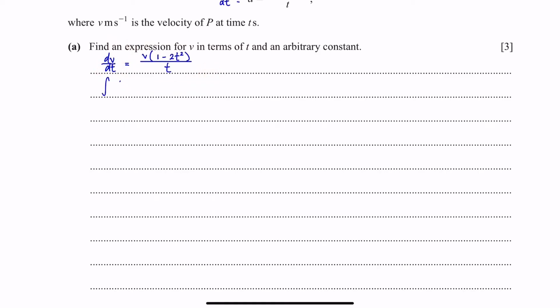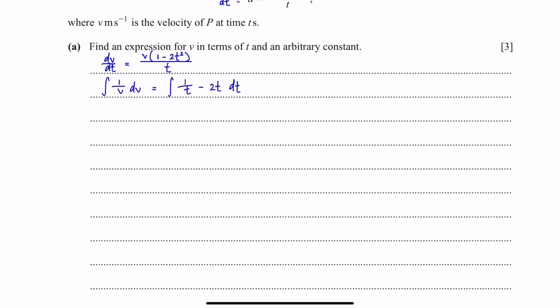So we have 1 over v dv equals the integration of 1 over t minus 2t times dt. So we basically take this part and we separate them. Alright?